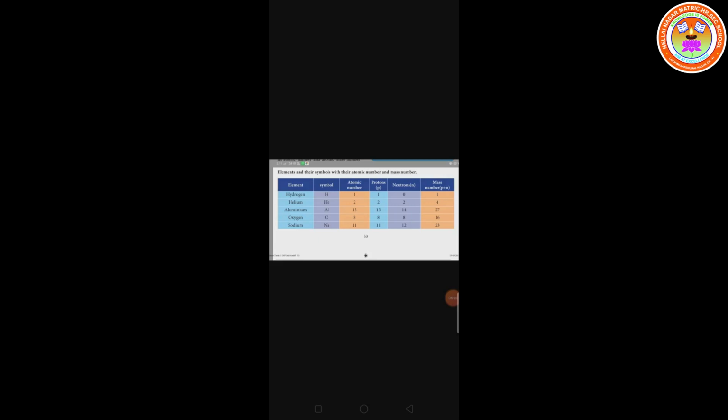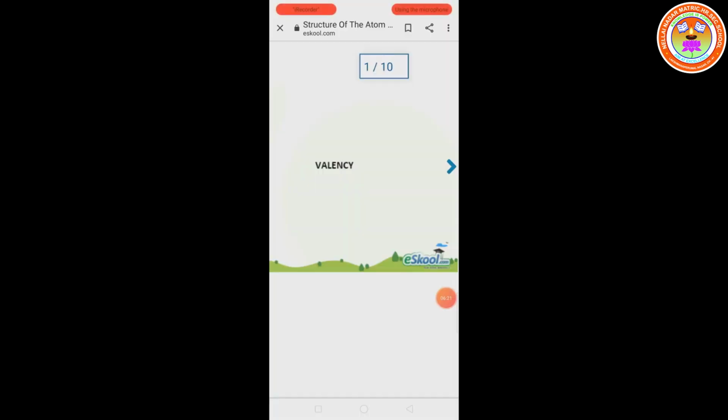So atomic number is 11, which means it contains 11 proton and 12 neutron. So mass number is 11 plus 12, 23. Next we are going to learn about valency, the concept of valency.